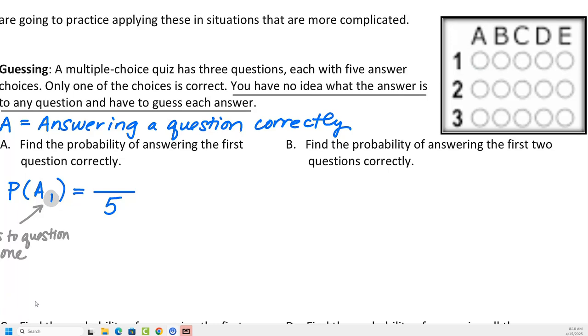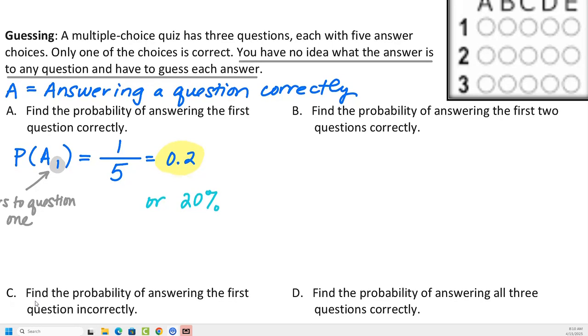Only 1 will be the correct answer, 1 out of the 5. And when you put 1 divided by 5 on your calculator, it's 0.2, or 20%. Are we okay with that one?